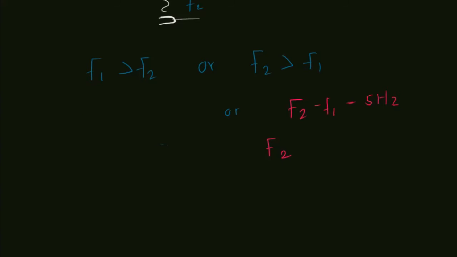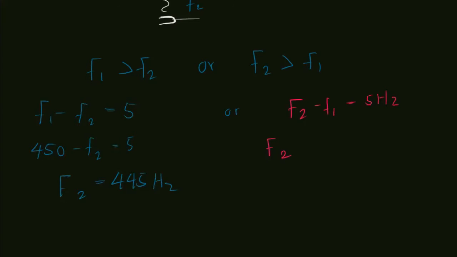F1 is greater than F2, so F1 minus F2 is equal to 5. F1 is 450, minus F2 is equal to 5. In that case, F2 is going to be 445 hertz.